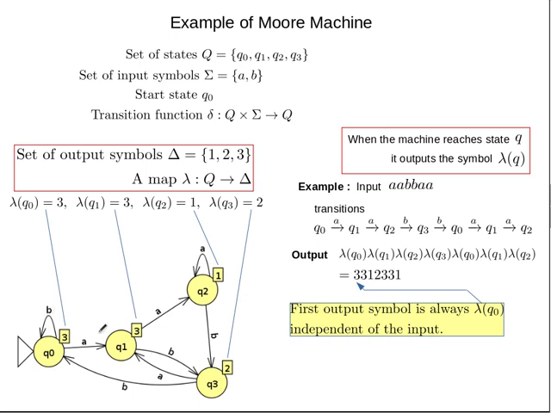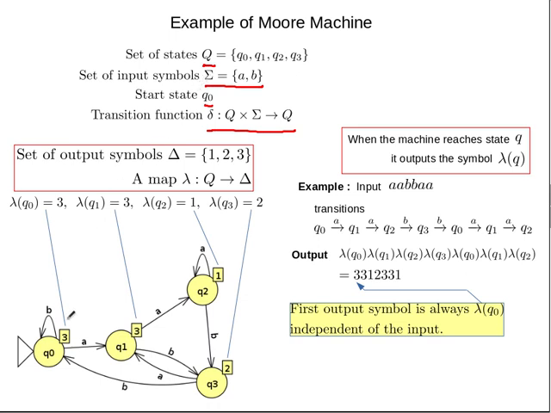Here A, B are input symbols, so we have this input alphabet sigma, which consists of A and B. And we have start state Q0, this capital Q for the set of states, and the transition function as we learned for DFA.